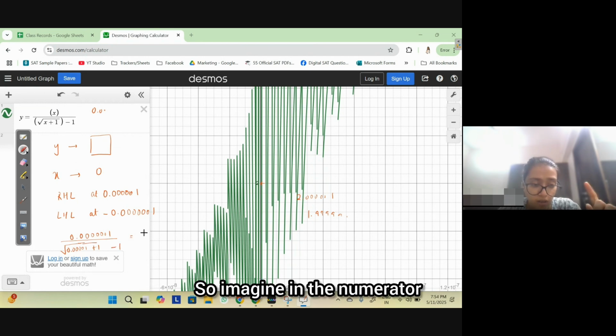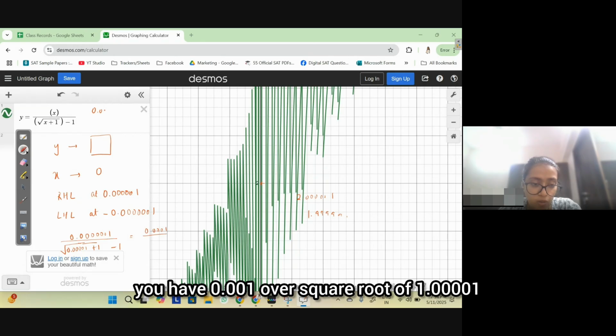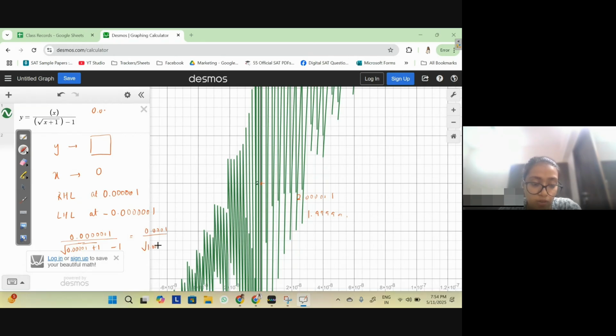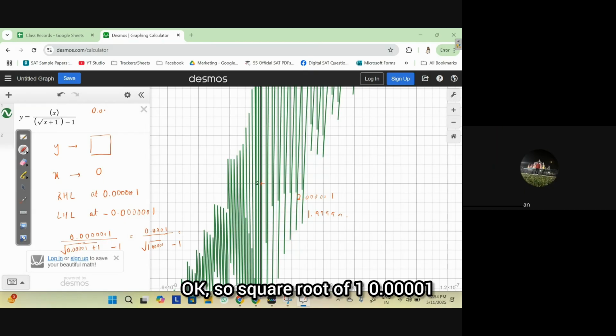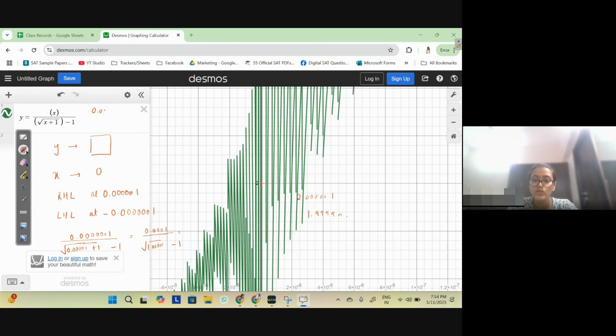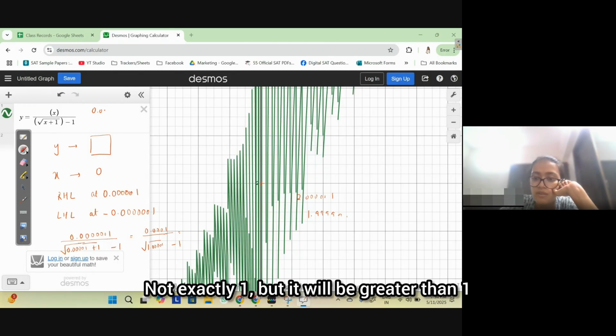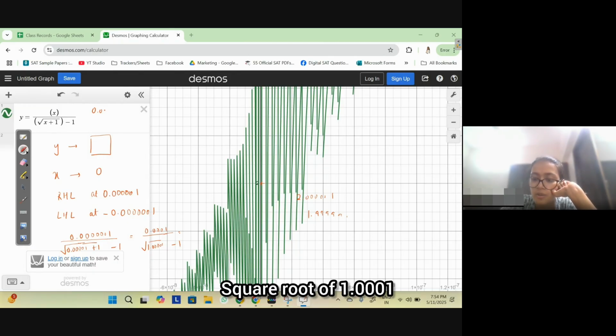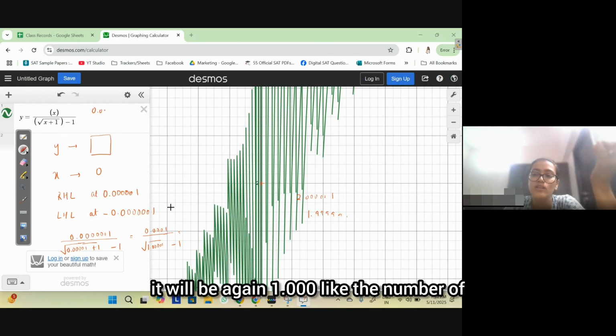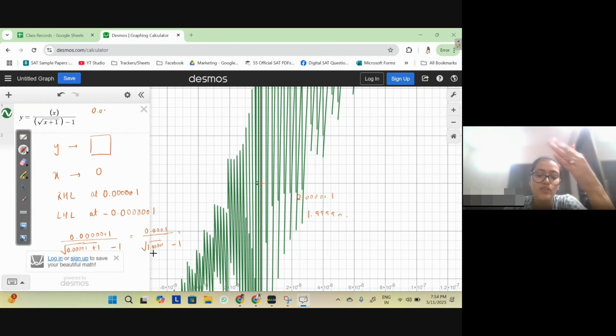So the square root of 1.0001 will be a number which is greater than 1, not exactly 1, but greater than 1. The number of zeros will become half.